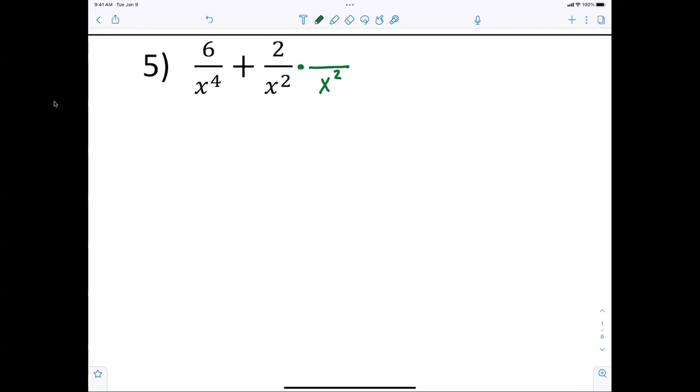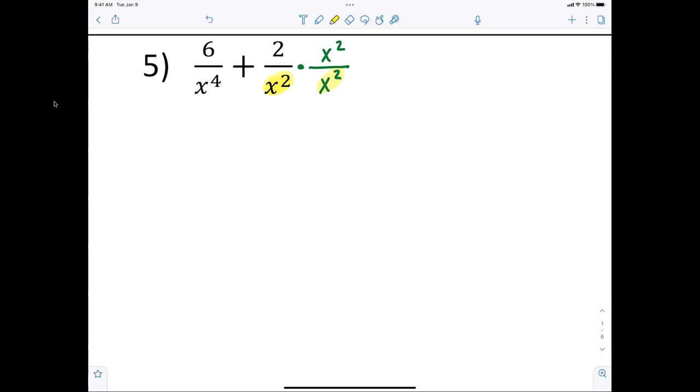Now, if I multiply the bottom by x squared, I must do what? You have to multiply the top by x squared. Right, because if I multiply x squared times x squared, I get what? x to the 4th.